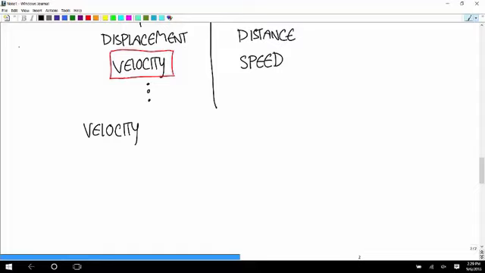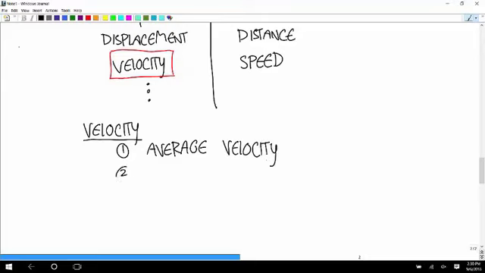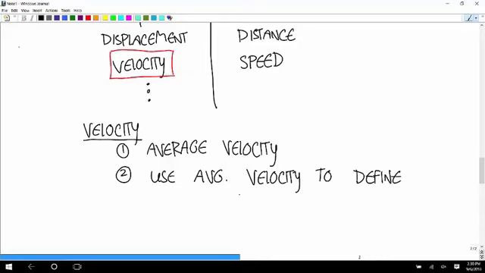So to define velocity, we're going to first talk about average velocity. And then we're going to use the idea of average velocity to define instantaneous velocity.